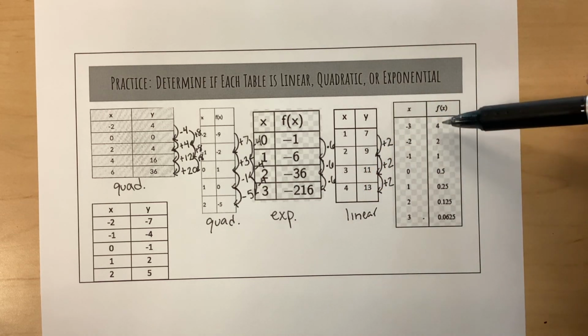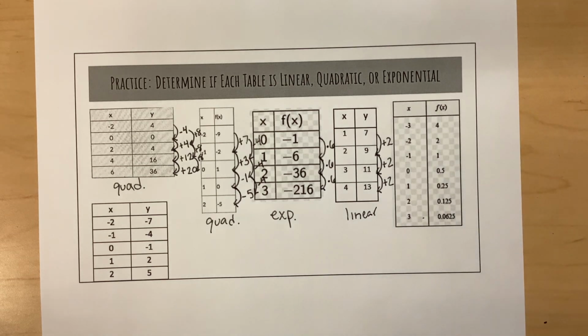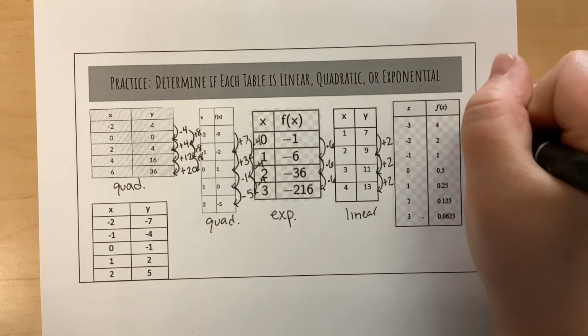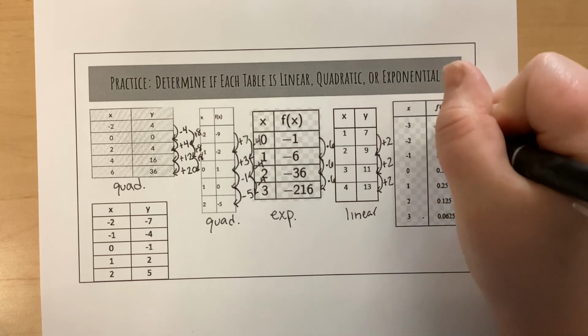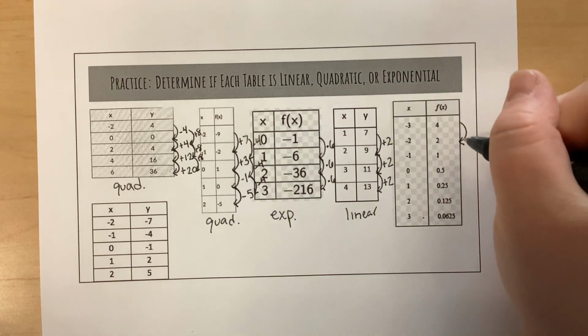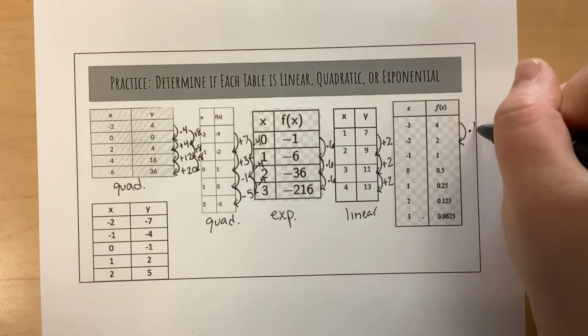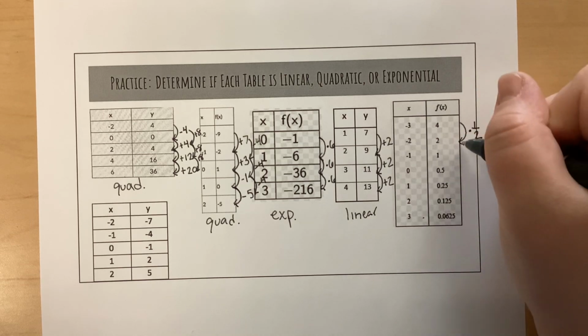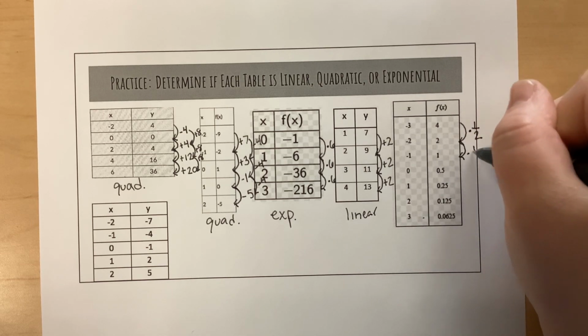All right, this one, I see that it's not changing very quickly, but it also is getting into decimal range, which means I'm probably not adding or subtracting by the same amount each time. So let's see if we can find a common factor. To go from 4 to 2, I would divide by 2 or multiply by a half. To go from 2 to 1, I once again would multiply by a half.